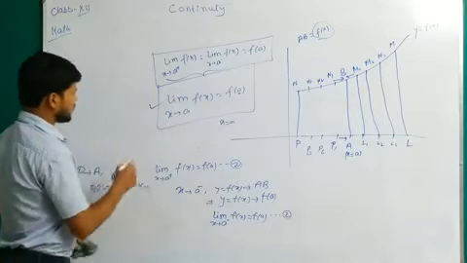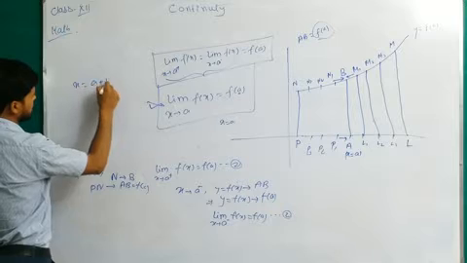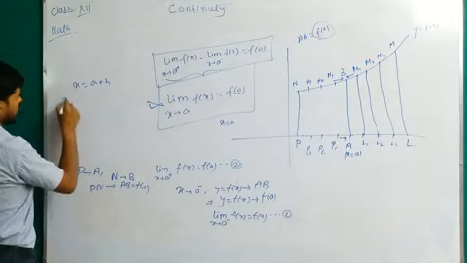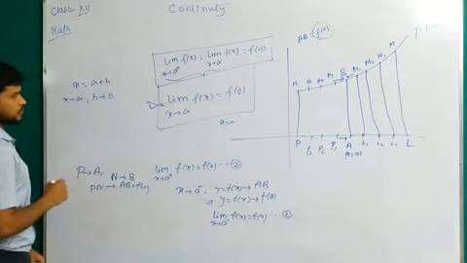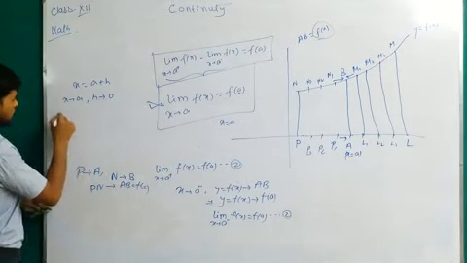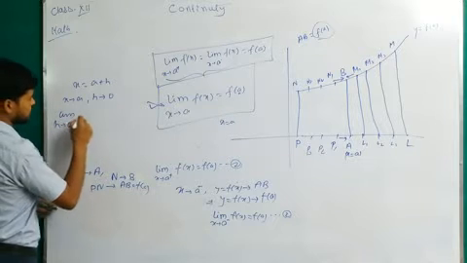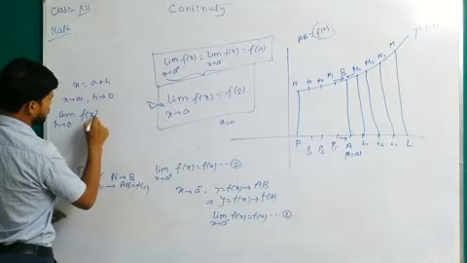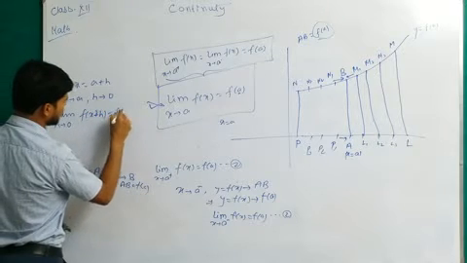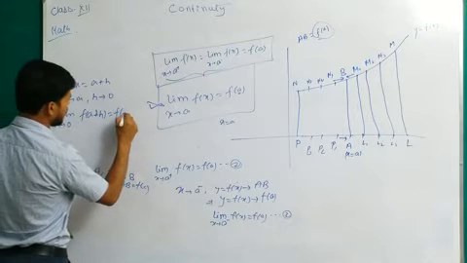Now look at one thing here: if you put x equal to a plus h, then when x tends to a, h will tend to 0. Now if I put it here, it will give limit h tends to 0, f of a plus h is equal to f of a.